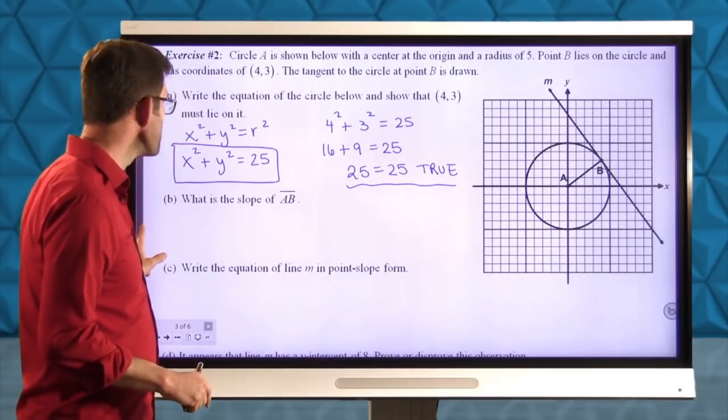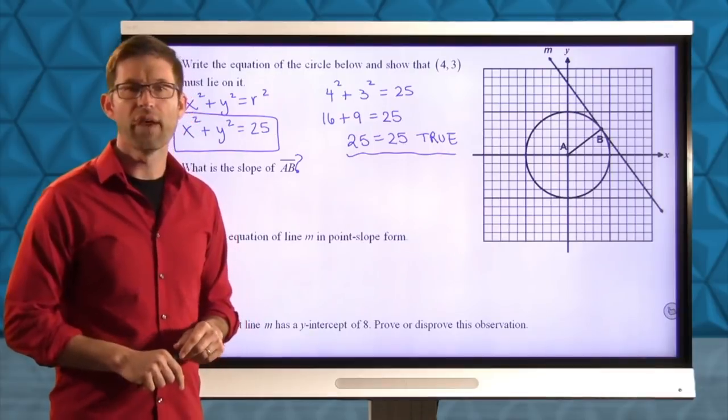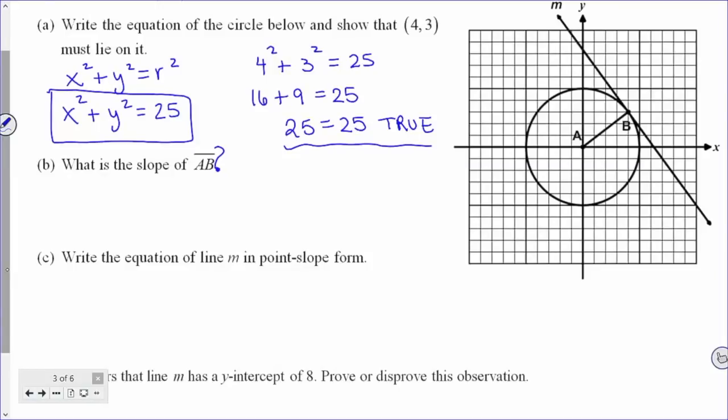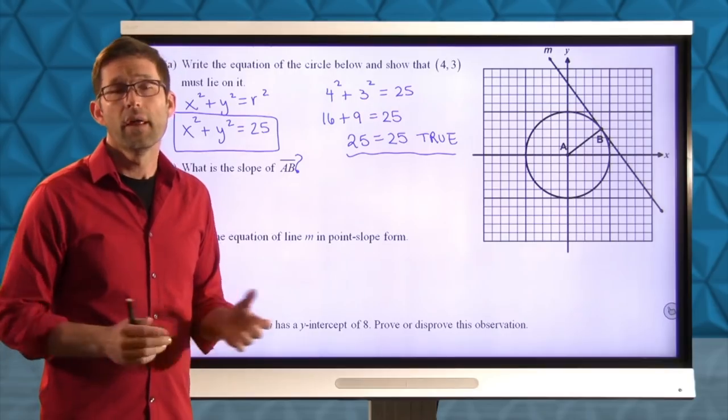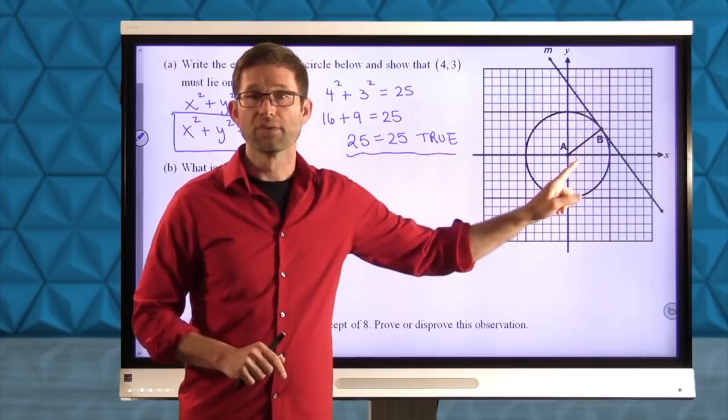Now, letter B says, what is the slope of AB? That should be a nice question mark there, since it's a question. What is the slope of AB? All right, well, go ahead and figure this out. Now, you could certainly find the slope of AB by using the slope formula.